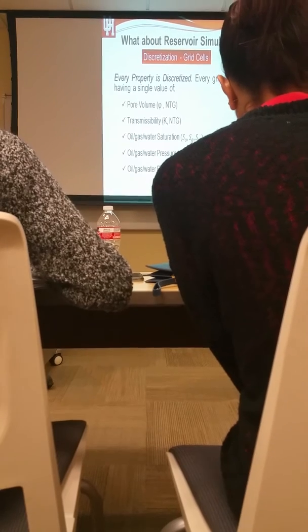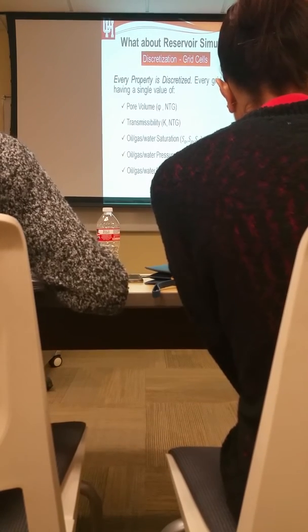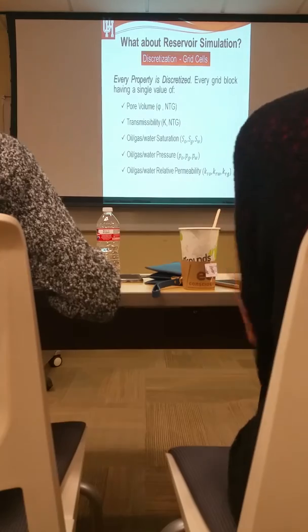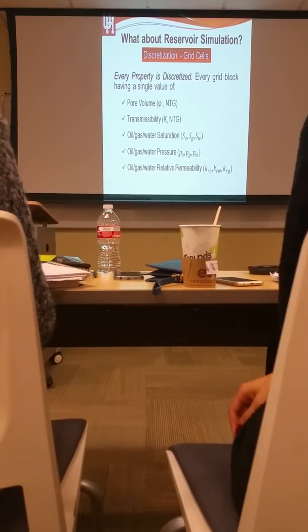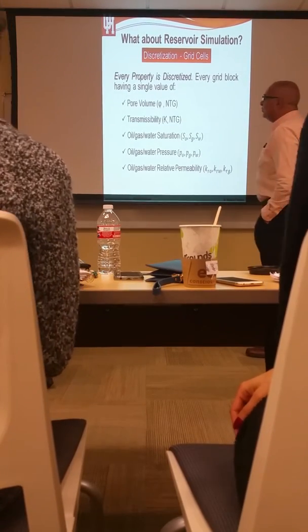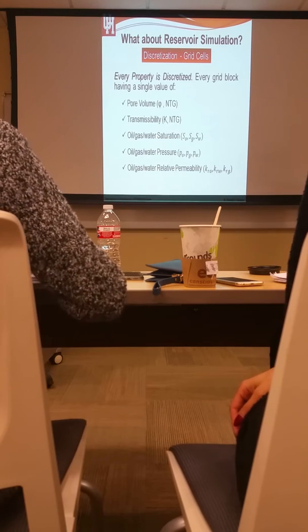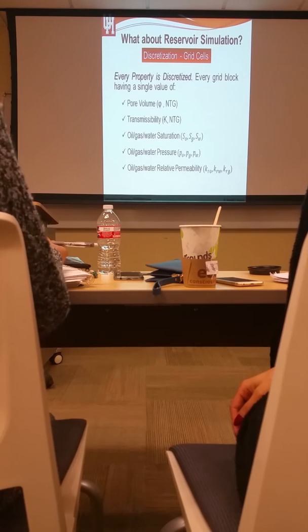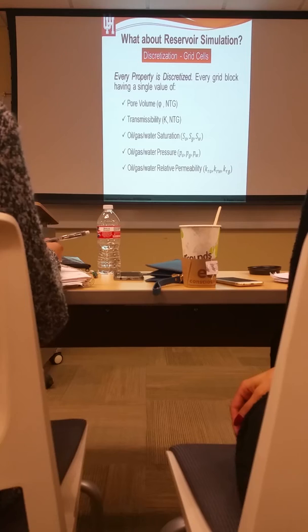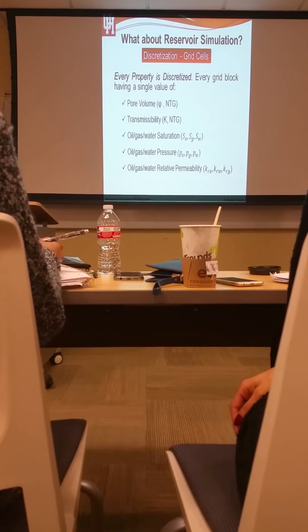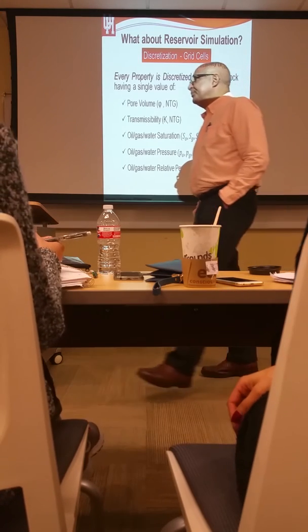Well, it's a kind of summary about every property that needs to be represented. In every grid block we will have porosity and net to gross in order to represent the pore volume, permeability and net to gross in order to represent transmissibility, and all fluid saturations. Okay?